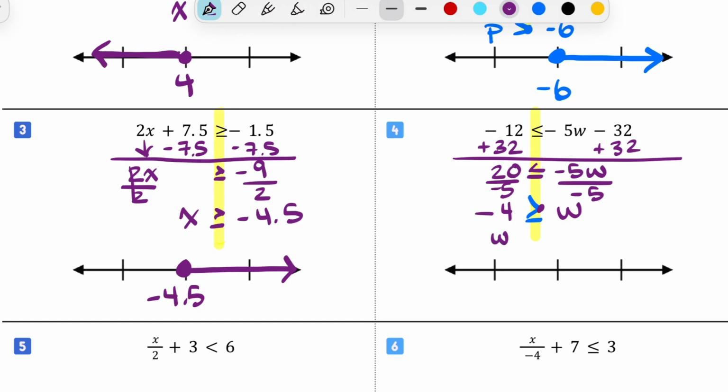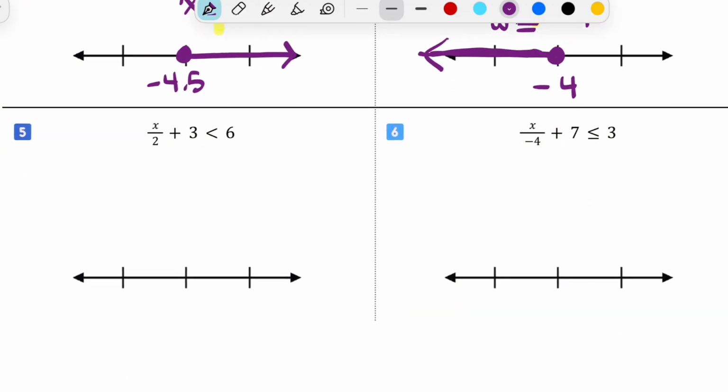So when I reverse my w and my negative 4 to make it easier to graph, I still need that point pointing towards the w. Now you have w is less than or equal to negative 4.